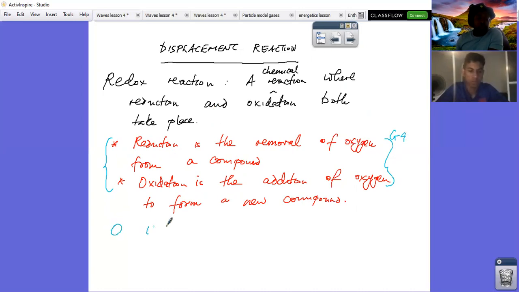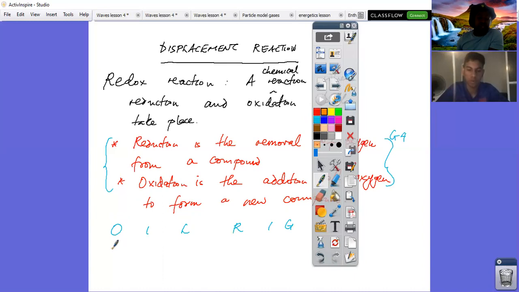To remember this, we use something known as OIL RIG. This reminds us that oxidation is loss of electrons, whereas reduction is gain of electrons.